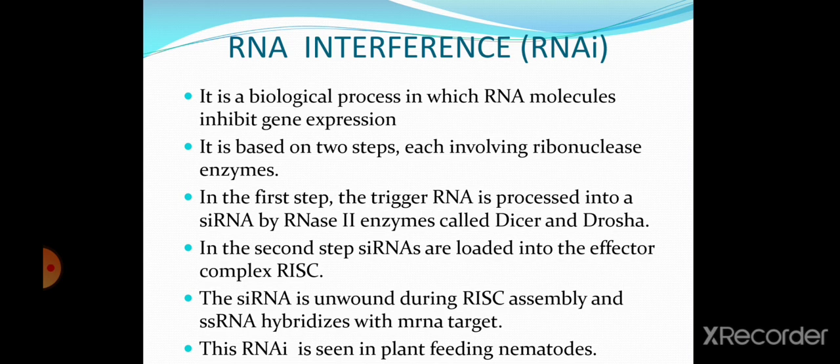Unwound means to separate. So, the siRNAs separate during the RISC assembly, and the single-strand RNA hybridizes with the mRNA target. This RNAi is seen in plant-feeding nematodes. This is how, with the help of these two steps, the conversion takes place.